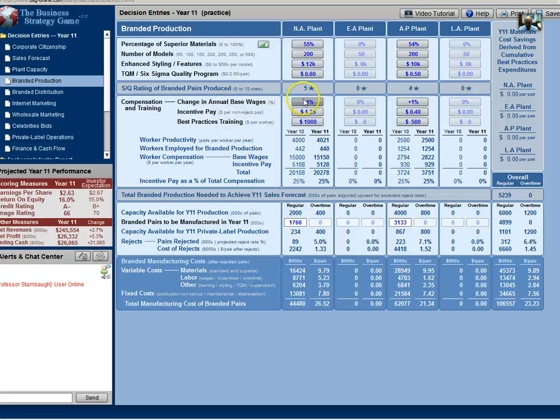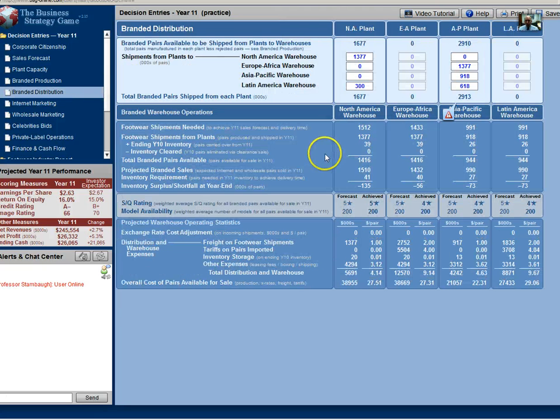And likewise, you invest in these sorts of things, which will also take your cost down because they will reduce your labor, your reject rate, and all that other stuff. Okay? So this is a screen that you will spend quite a bit of time using.